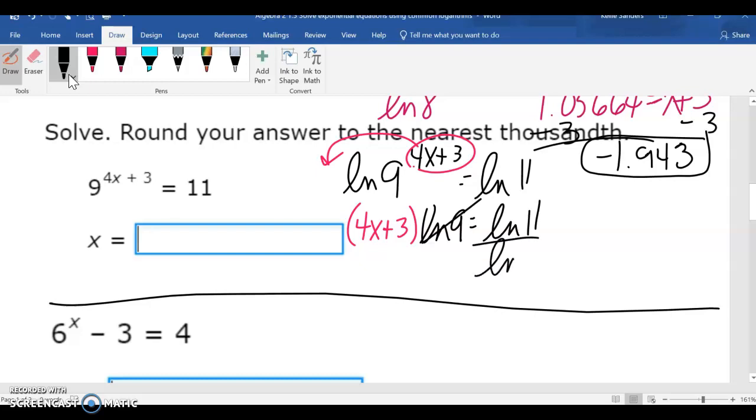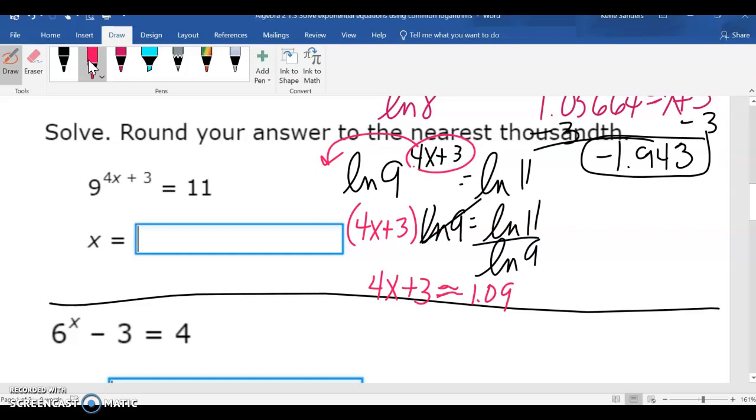And we're going to divide by the natural log 9. So now that the 4x plus 3 is the only thing on that side, we can leave it like that. Now you're going to grab your calculator, fraction, natural log 11 over natural log 9 equals, it's approximately 1.09.